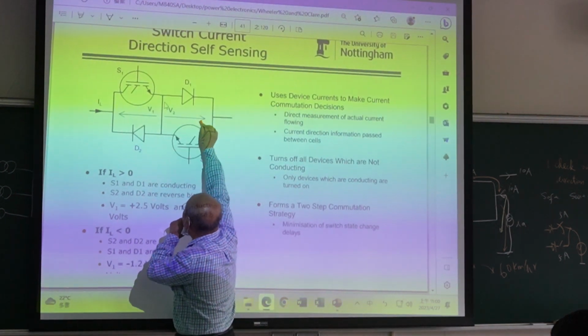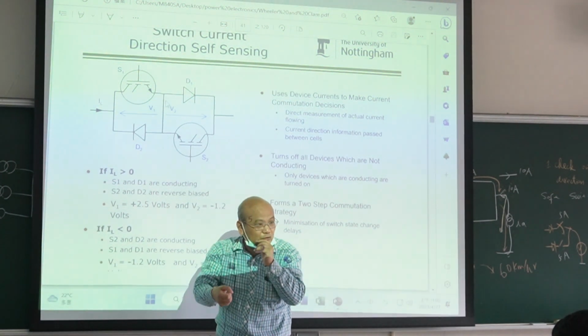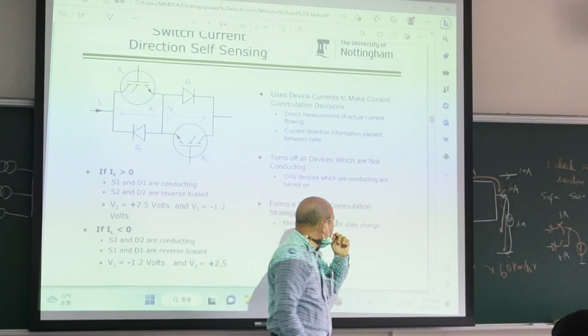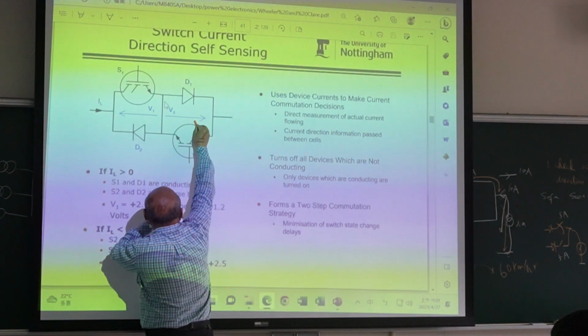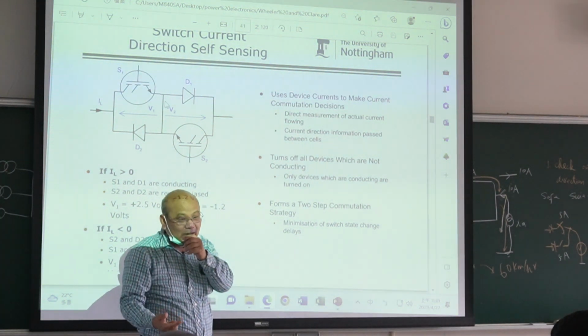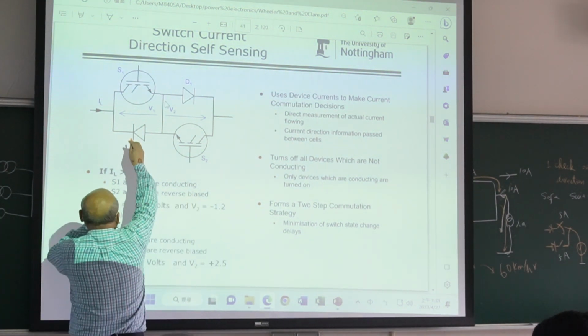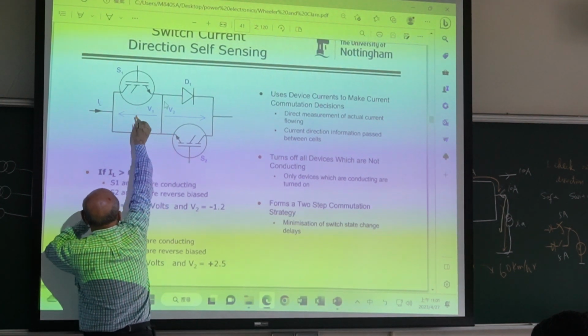This is ground. How can we call this voltage? Minus 1.2, right? Because this is ground. Then plus minus. What is this voltage? Minus 1.2, right? If you have this voltage, what is this voltage? Plus, minus.